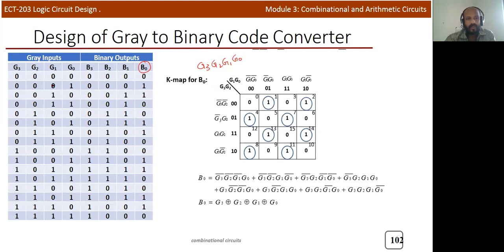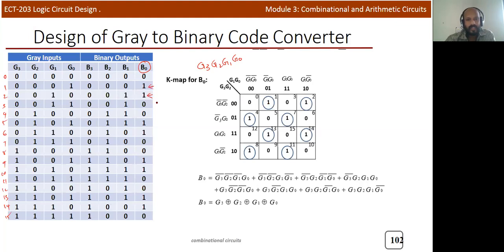Okay, so in G3, G2, G1, G0, if you label in the sequential order 0, 1, 2, 3, 4, 5, 6, 7, 8, 9, 10, 11, 12, 13, 14, 15. So it's not equivalent of 0 or 1, some etc., but it's a sequential order. So directly you can write, for example, this is B0 is 1.